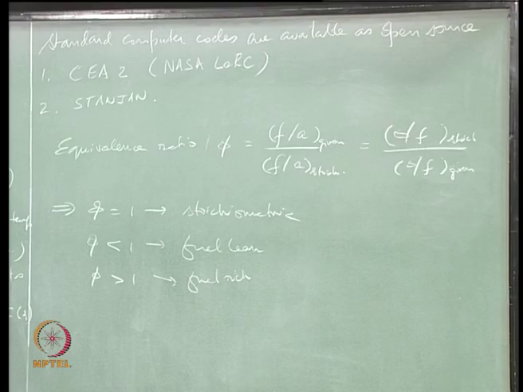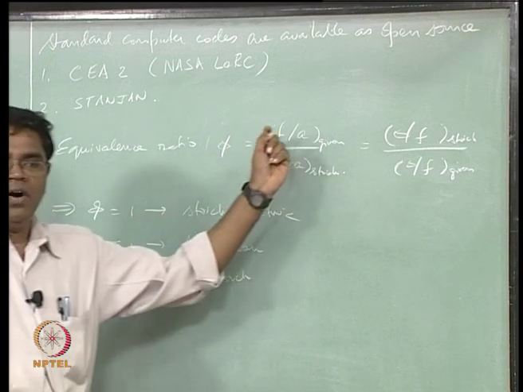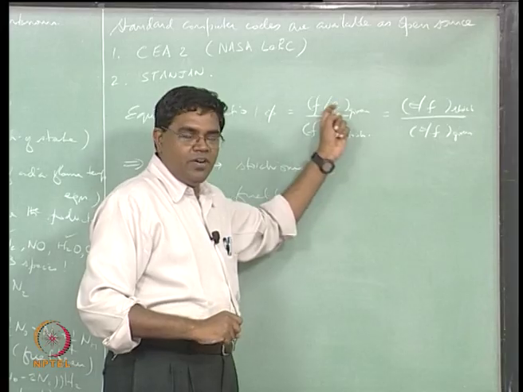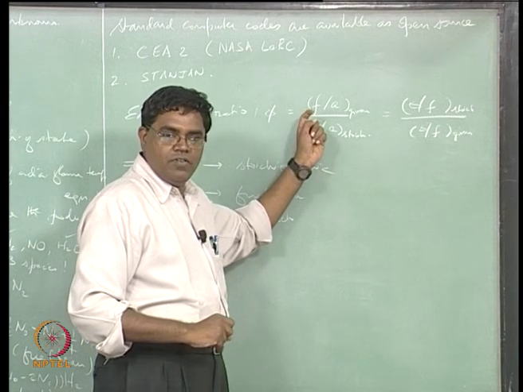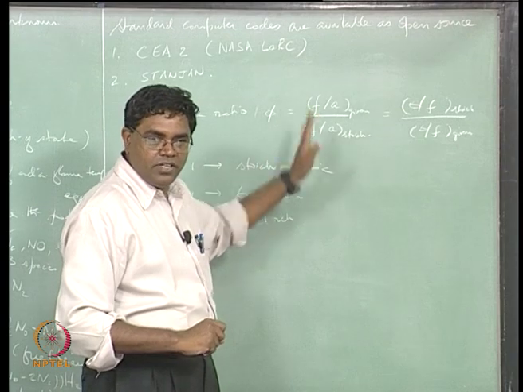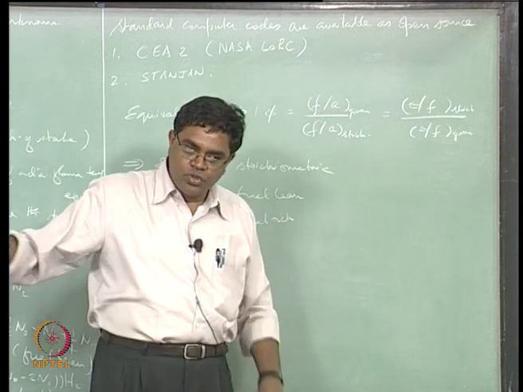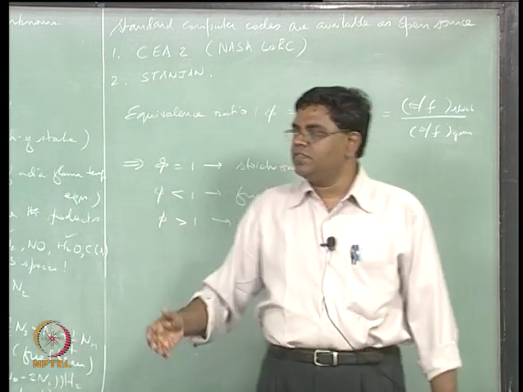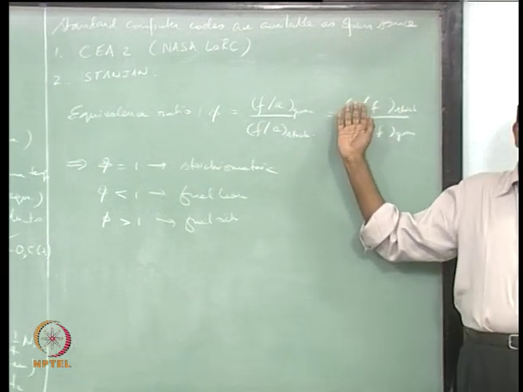Then I also want to emphasize these are mass ratios. They are not the number of moles or molecular weight, nothing like that. It's actually the mass. And many times in flow situations you could also use mass flow rates, m dots.